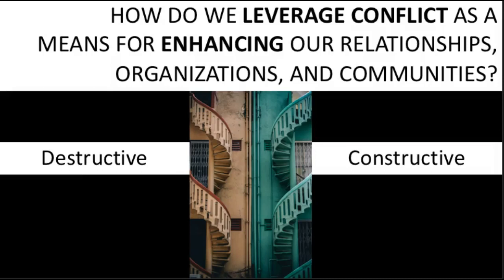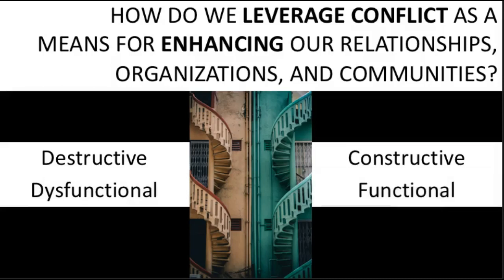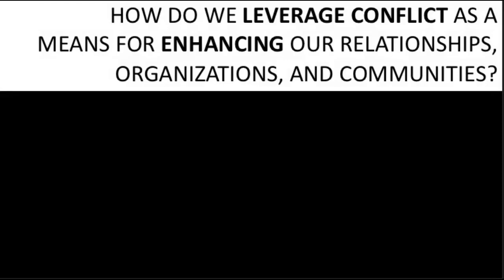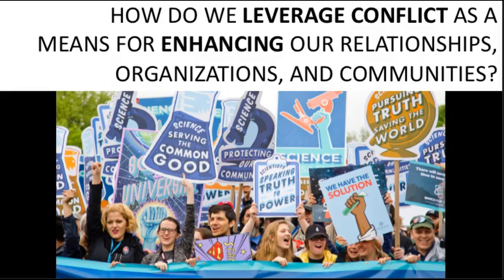Relatedly, you could say that conflict can be dysfunctional or functional, although in reality, most conflicts are some kind of combination of these two categories. This is the terminology, dysfunctional and functional, that you will find within the course textbook. When we talk about using conflict to make change, you may automatically think about this: trying to make social change through the intensification of conflict via protest or other forms of social action.